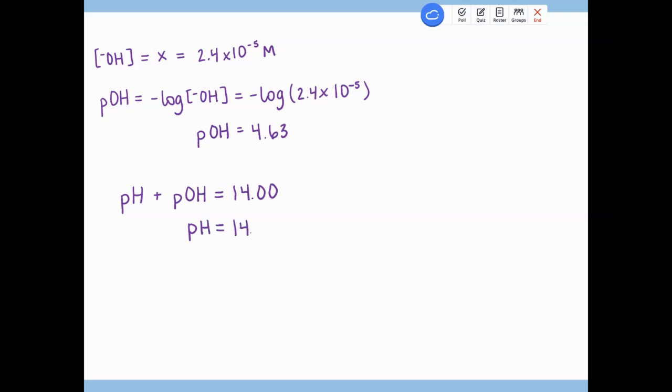So pH equals 14 minus pOH, 4.63. And we've got pH.